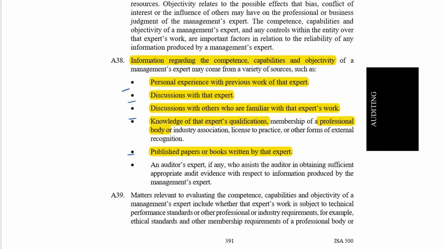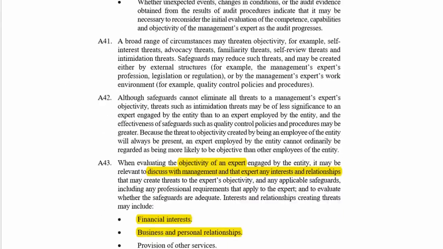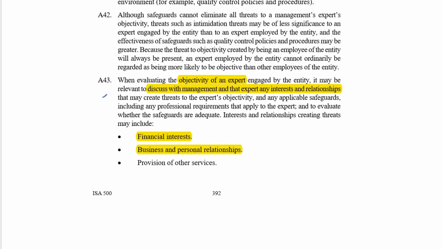So that's how I'm going to first test that they are competent and capable. And in order to test that they are objective, I need to then go and discuss with management and the expert if there's any financial, business, or personal relationships that the expert has with the business that would affect their objectivity. So I'm going to put those down.